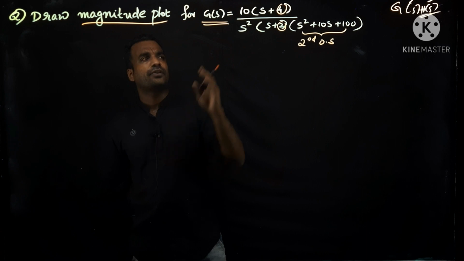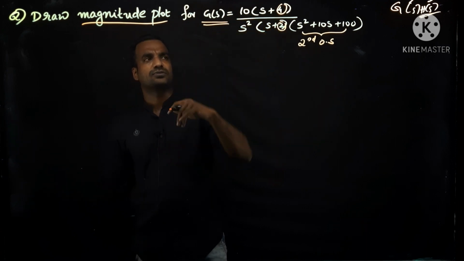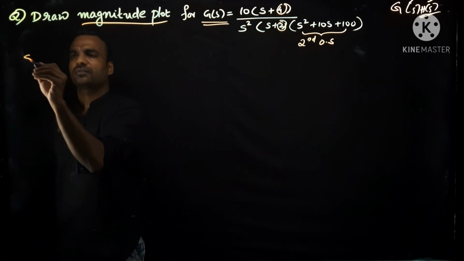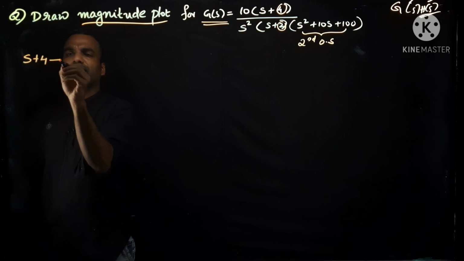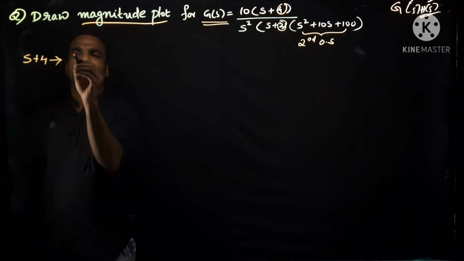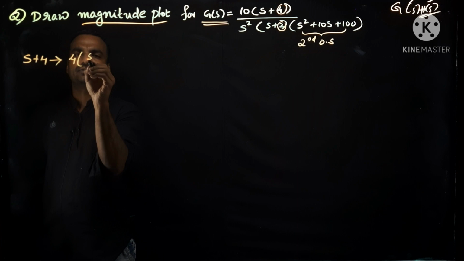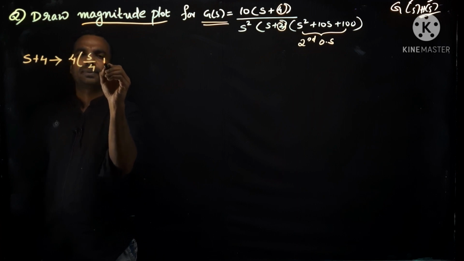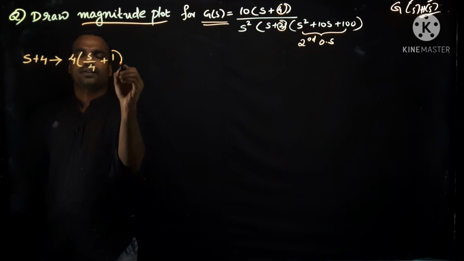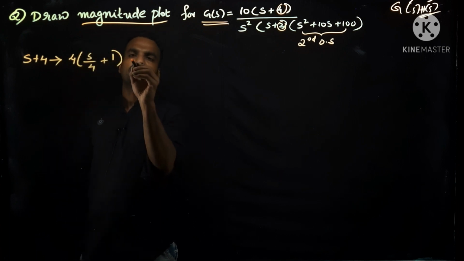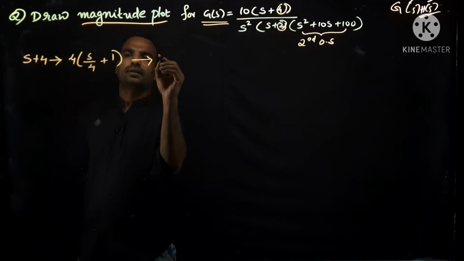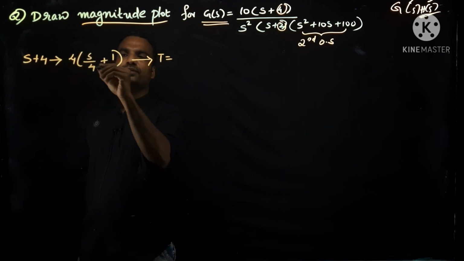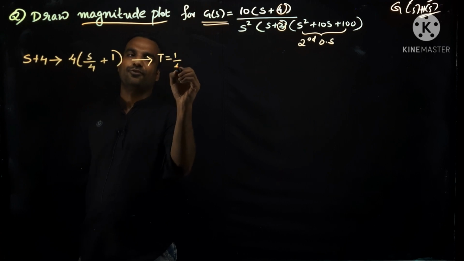So first step, we have to make all the things outside. So s plus 4, we have to rearrange it as 4 into s by 4 plus 1, where T is equal to the coefficient of s, which is 1 by 4.